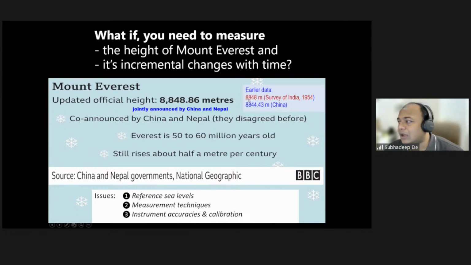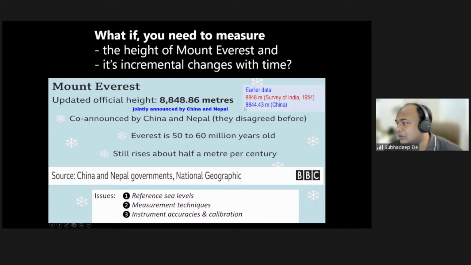And he measured the height of Mount Everest as 8,848 meters. And just recently, I think last year, there was a joint venture by Nepal and China. They used much more sophisticated tools and remeasured the height of Mount Everest, and then they came up with the height.